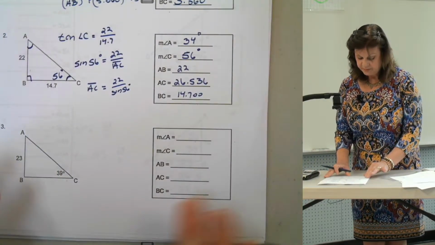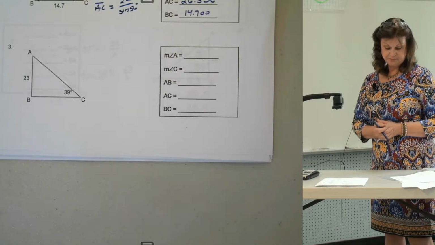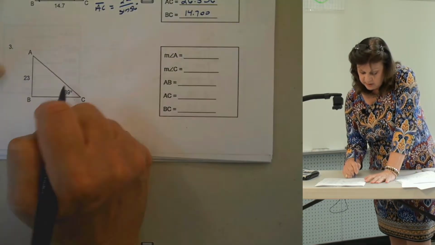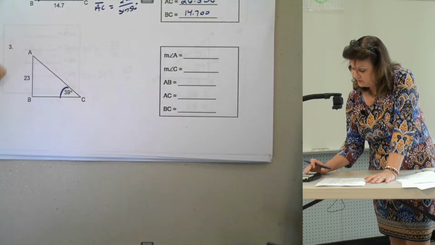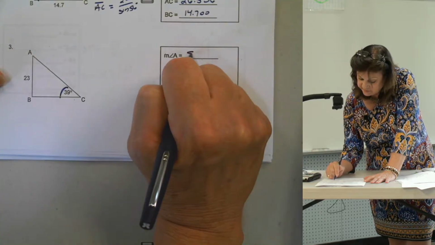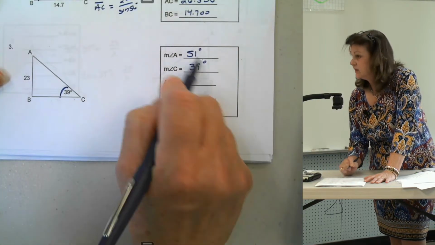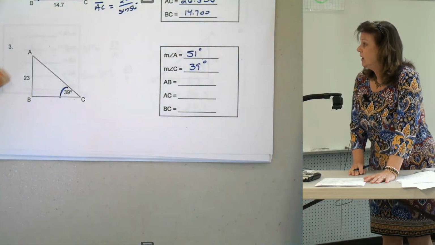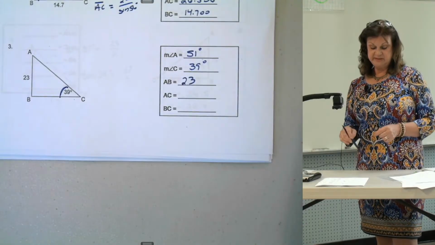All right, let's do one more. We've got a length and we have an angle. Again, they provided the 39 degrees. So I know that angle A is going to be 51 degrees. 51 plus 39 adds up to 90. AB is 23. So now I want to find BC.